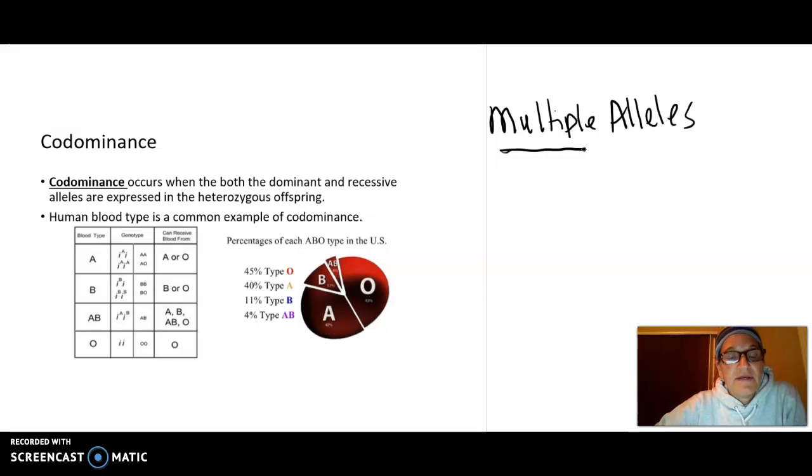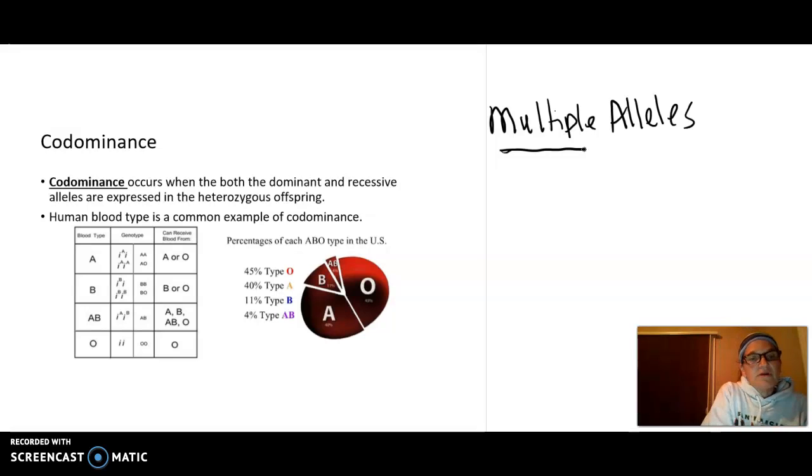Human blood type is a common example of codominance and multiple alleles because there are 2 types of blood, A blood and B blood, that are codominant. And so if an A-type female were to have children with a B-type male, there is a probability that they will have children who have AB blood type.